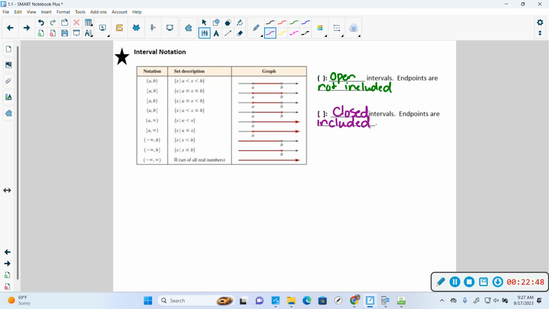If I had a bracket on 3, I'd have a solid filled-in dot on it, so the number 3 is now actually part of our answer set. So little symbols, but they mean a big thing. Parenthesis is open, so up to that number but not the number. Bracket is closed, so you can actually use that value.